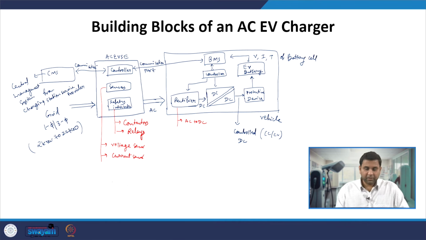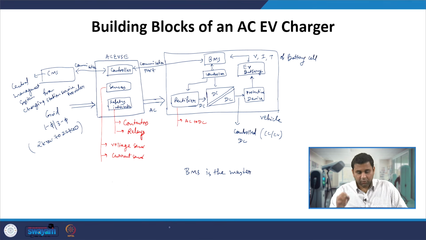Now, if you look very carefully in the entire system, between the vehicle and the AC EVSC, it's the BMS of the vehicle, it's the BMS who is the master. It tells what kind of voltage it needs at the output of the isolated DC-DC converter, and it continuously monitors the battery status and tells whether the battery is in safe operation, whether the charge is safe or not.